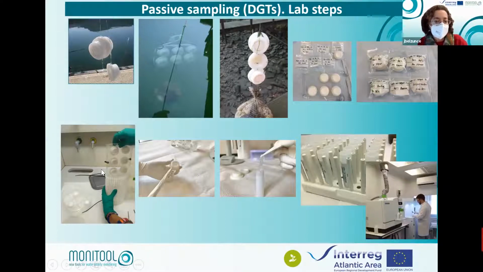Once in the lab, we take it off from the structure, from the plastic bag, and we open the DGT and take off the resin, and put the resin in vials with a little volume of nitric acid for the metal extraction from the resin. After 24 hours, we take out the resin and close the vials, and they are just prepared for analysis. It's just very simple.